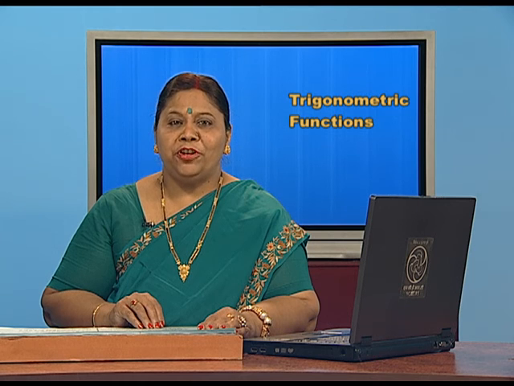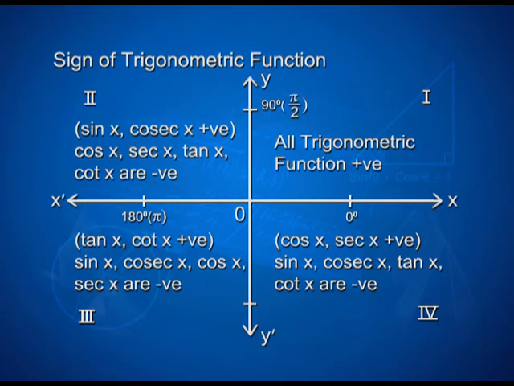The signs of trigonometric functions can be visualized in the plane as shown in the figure. First quadrant, second quadrant, third quadrant and fourth quadrant are seen here. In the first quadrant, all the trigonometric functions are positive. In the second quadrant, sin x, cosec x are positive, cos x, sec x, tan x and cot x are negative.